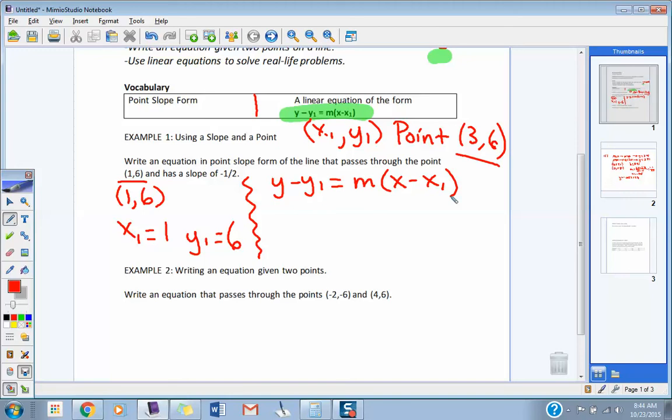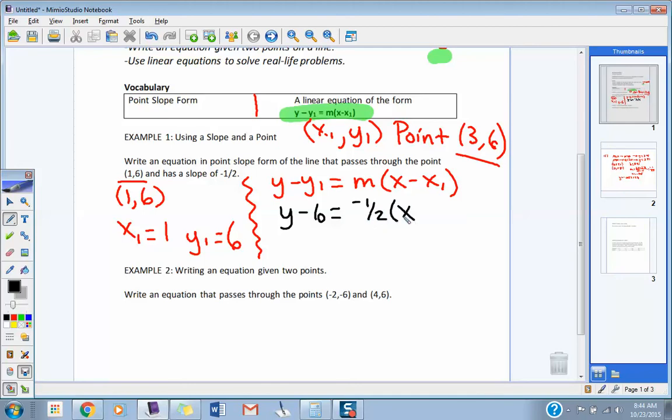So let's start filling some stuff in. Here I will start with y minus how much, kiddos? Y minus 6 equals my m value. What is the m value here? You bet. Slope, they told us. It's negative 1/2. So m will be negative 1/2.